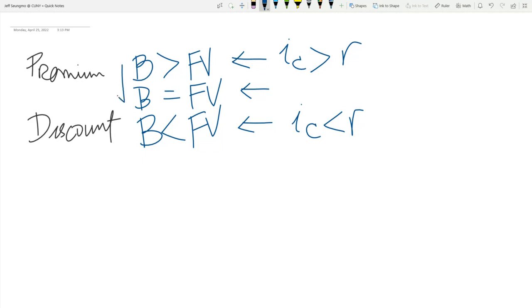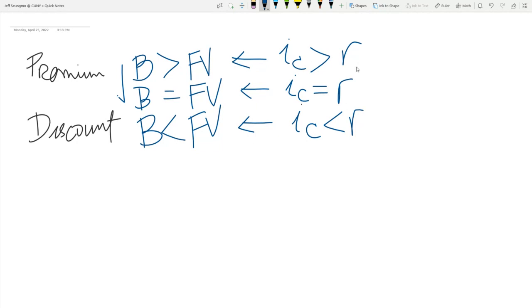Think about it. Obviously, there's only one conclusion. The coupon rate is equal to the discount rate, the coupon rate is equal to the prevailing market rate. That's the only way, right?